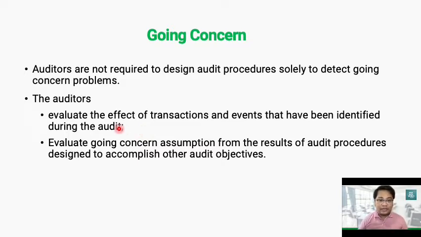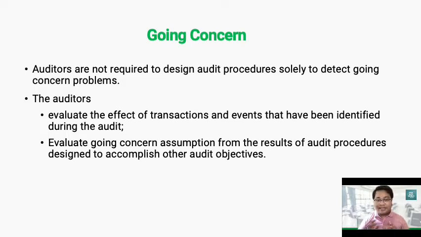Therefore, we evaluate the effect of transactions and events that have been identified in performing regular procedures during the audit, and from the results we evaluate the going concern assumption of the client, whether there are transactions and events that could affect the appropriateness of management's assumption on the use of going concern. So we do not perform a separate procedure to identify any going concern problem on our client's financial statements.